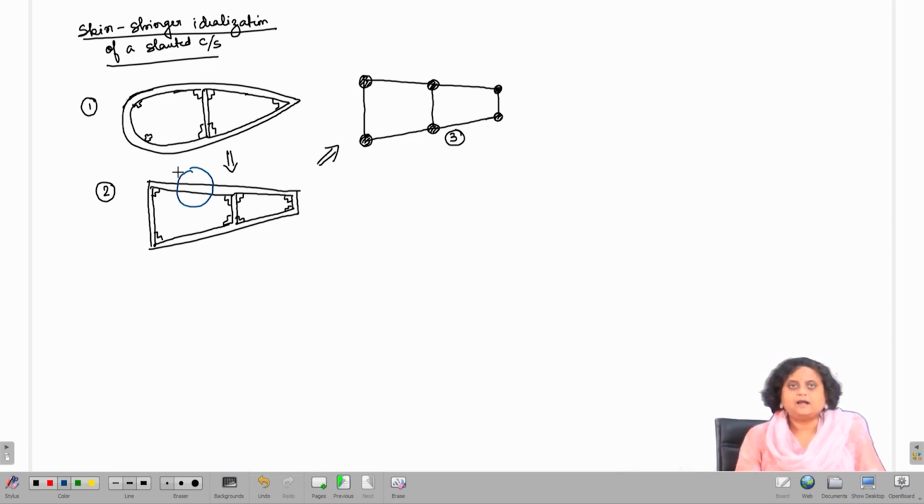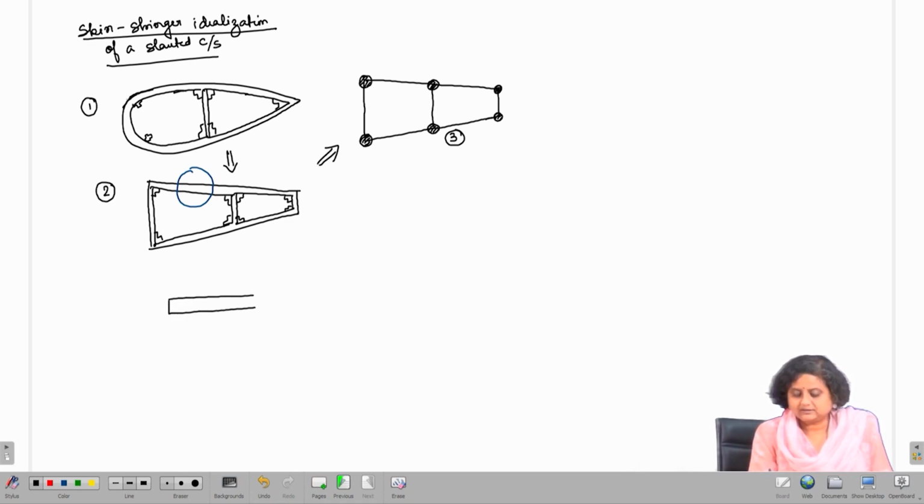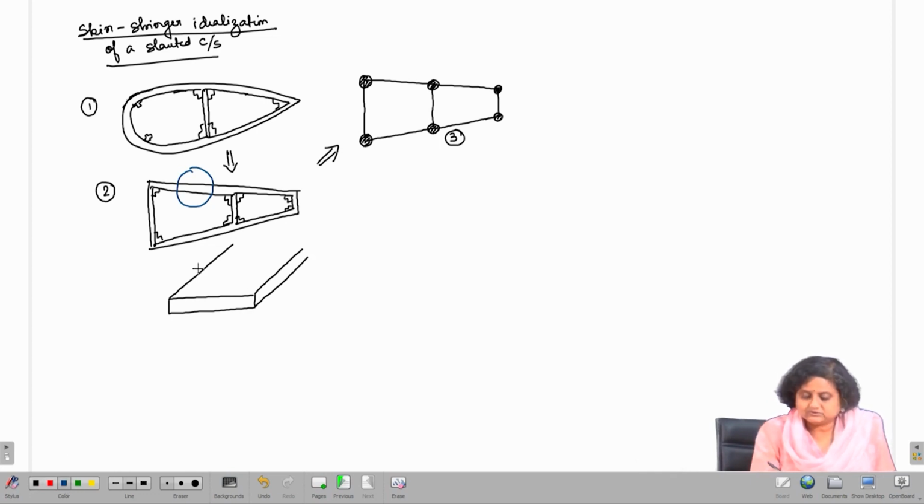So, let me enlarge this blue colored circled portion and see how the stress is going to be distributed in that section. I have just enlarged this section.